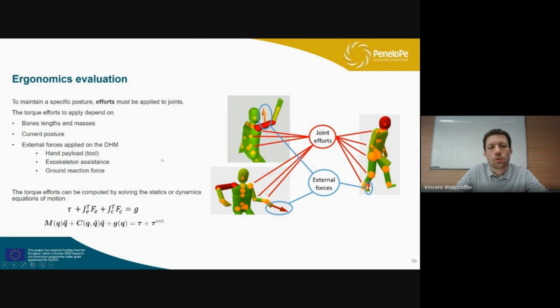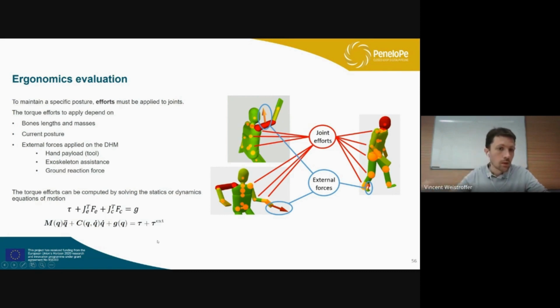The torque can be computed by solving the statics or dynamics equations of motions that I displayed here. The principle is quite the same as what I showed earlier with the QP problem, meaning that you want to minimize some certain amounts by having these statics or dynamics equations of motions as constraints.